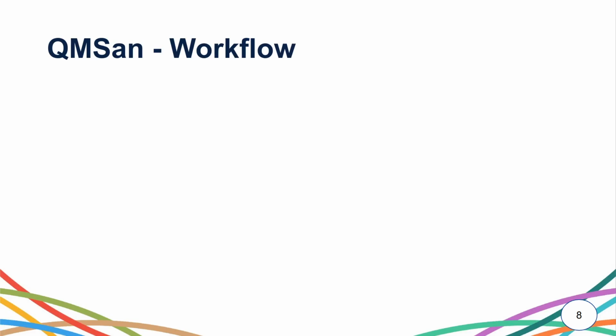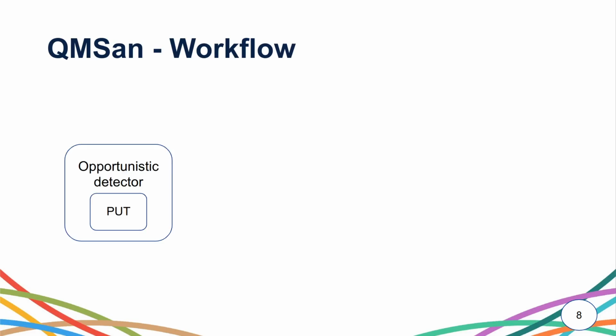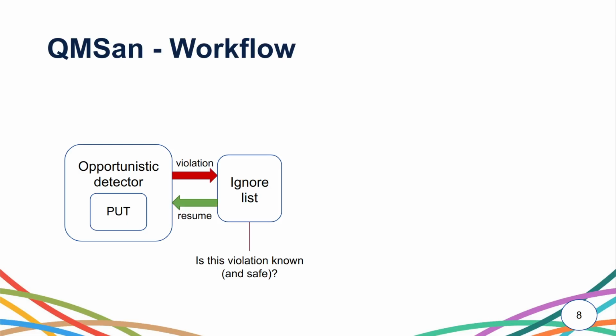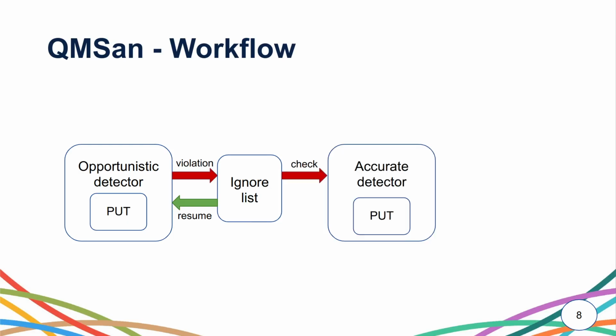The workflow of QMSan is as follows. We run the program under testing in the opportunistic detector. Then, whenever we detect a violation, which is a load of uninitialized memory, we check it in an ignore list to see if this violation is known and safe. If it is, we can resume the execution as if nothing happened.